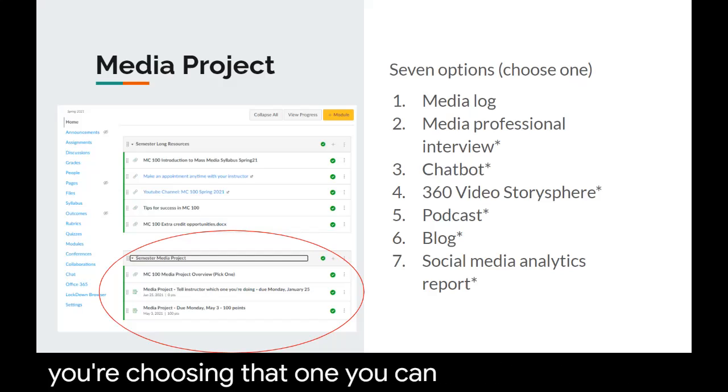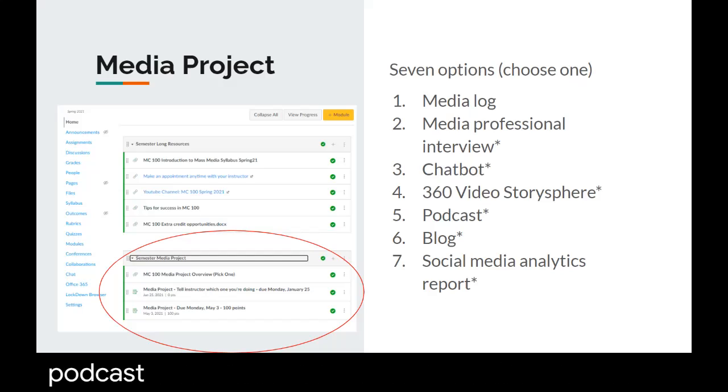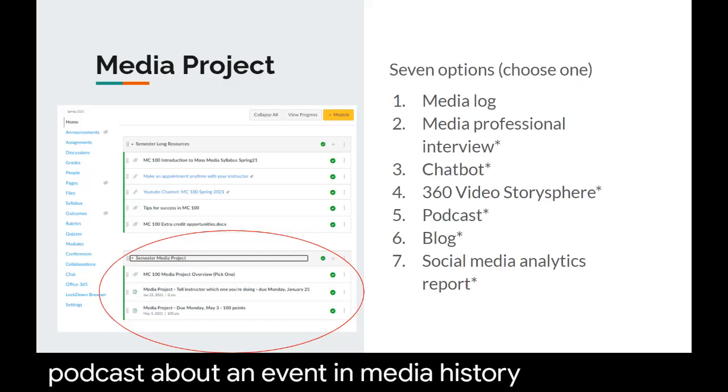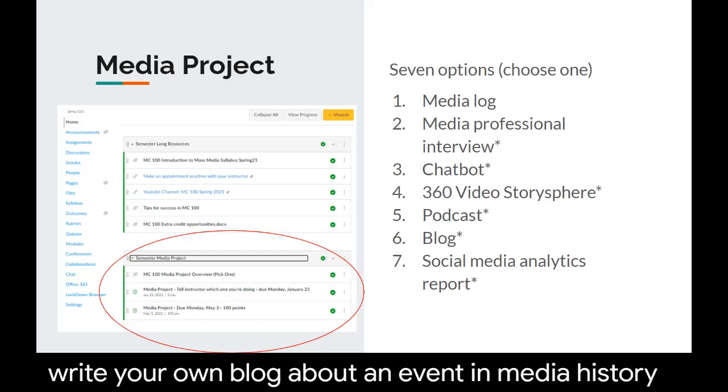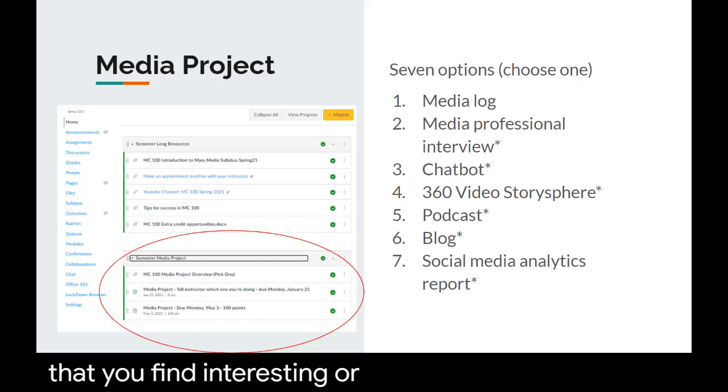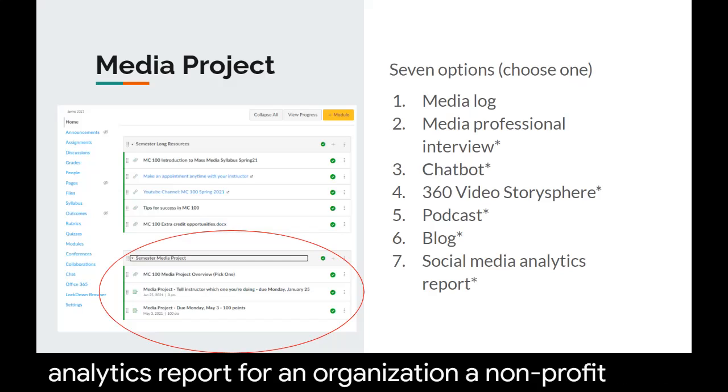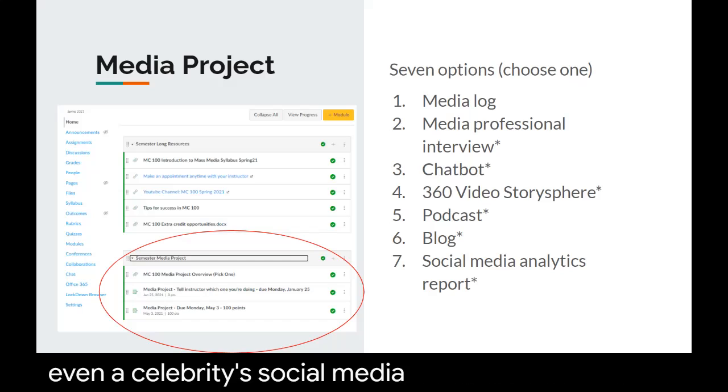You can produce your own podcast about an event in media history. You can write your own blog about an event in media history that you find interesting. Or you can do a social media analytics report for an organization, a nonprofit, or even a celebrity's social media account.